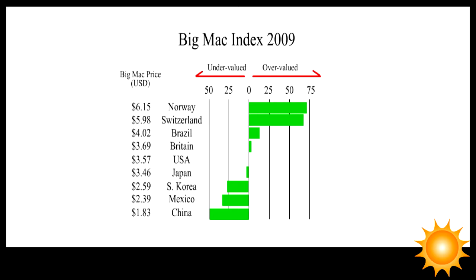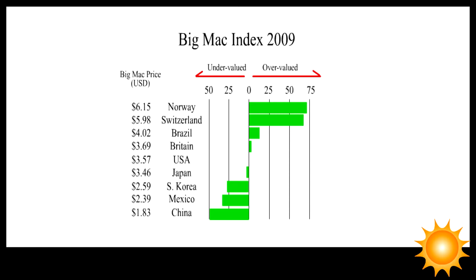If we divide the local price in dollars by the US price and subtract 1 from the division result, we have a rough idea of how much the local currencies are over or undervalued compared to the implied purchasing power parity.